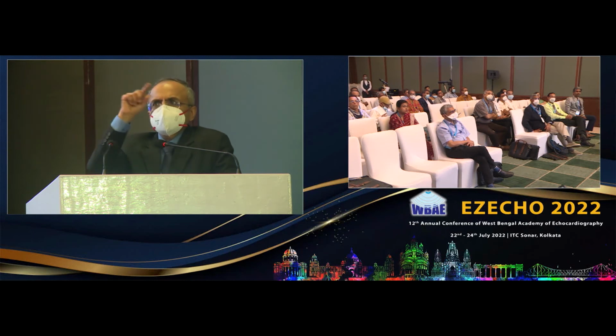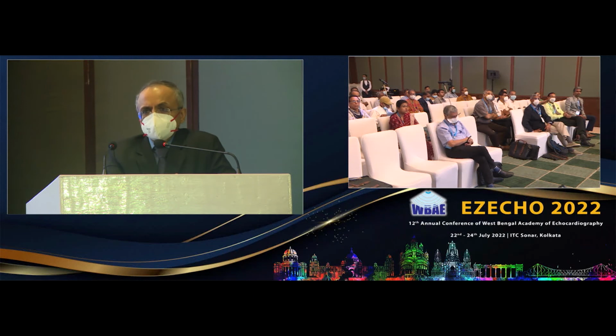If you look at the scatter plot, at 15 mm they had only 3 Afro-Caribbean athletes. Indians generally have less hypertrophy as compared to the Afro-Caribbean ones, who generally have much more hypertrophy. So anything going above 14 millimeters, I will be very wary to call it an athlete's heart. Okay, that is one thing.